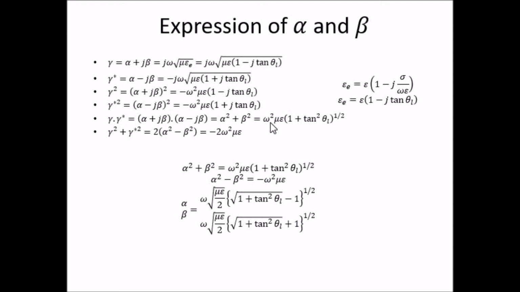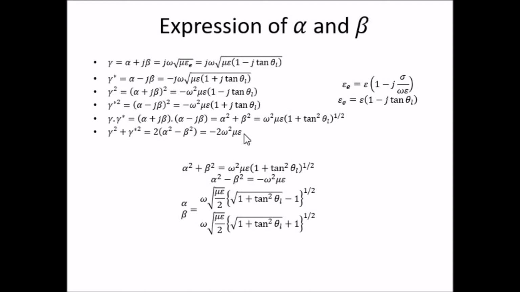So it will be positive omega squared mu epsilon, and 1 minus j tan theta L times 1 plus j tan theta L will be 1 plus tan squared theta L, square root, to the power of one half. And if you add gamma squared plus gamma conjugate squared, that means this one squared plus this squared, will be 2 times alpha squared minus beta squared. And if you add these two components together, you will get negative 2 omega squared mu epsilon.